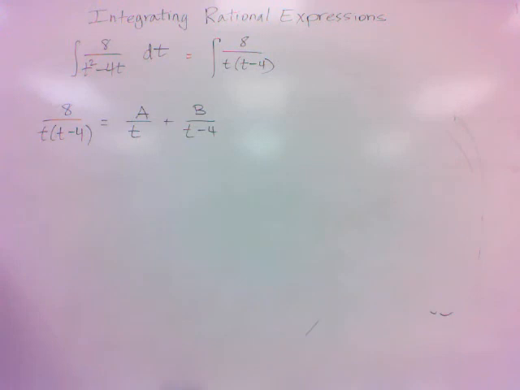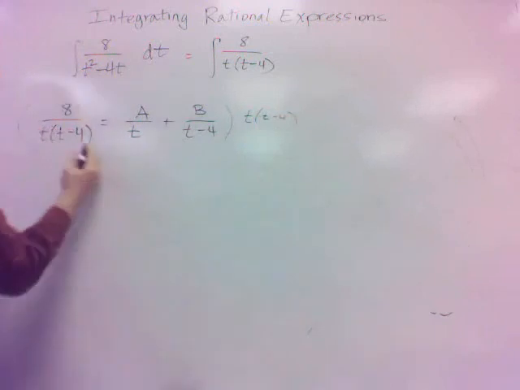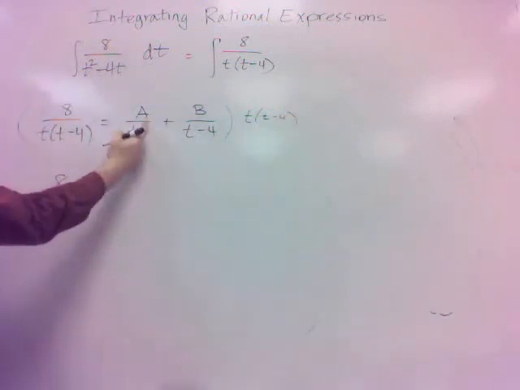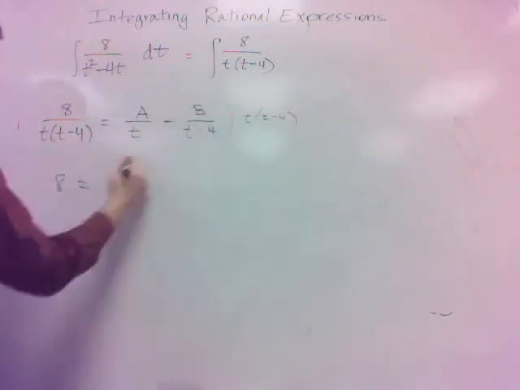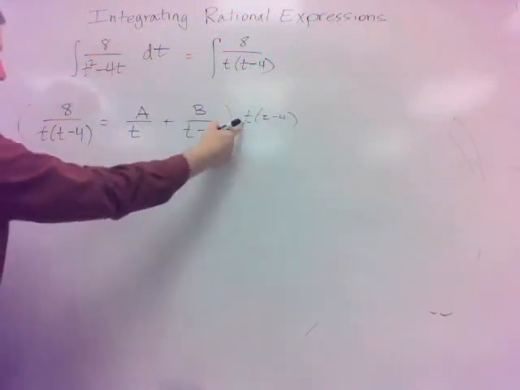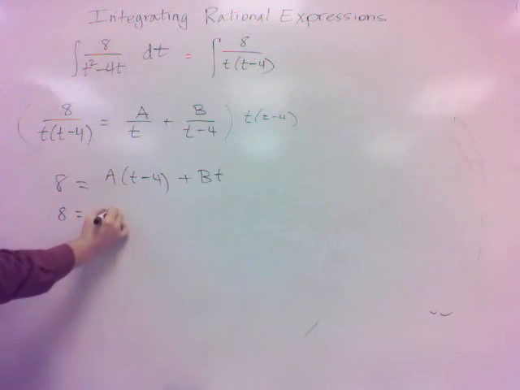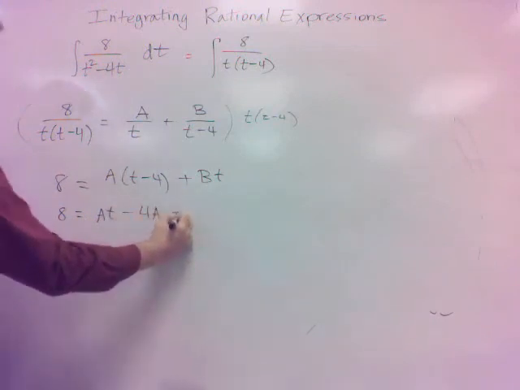What's going to happen if I multiply everything by t minus 4? Well, that's just going to be 8. What's that going to be? A times t minus 4. And that's going to be Bt. Or, in other words, 8 equals At minus 4A plus Bt.